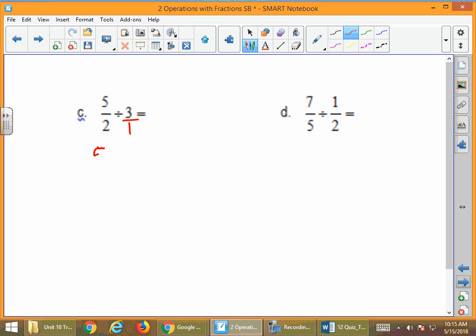And when we rewrite this, when dividing, don't ask why, flip the second one and multiply. And we just learned when we multiply the numerators, the tops of the fractions, 5 times 1 is 5. We multiply the denominators, the bottoms of the fractions. 2 times 3 is 6. And the nice thing on this problem is that there's no number that goes into both 5 and 6.